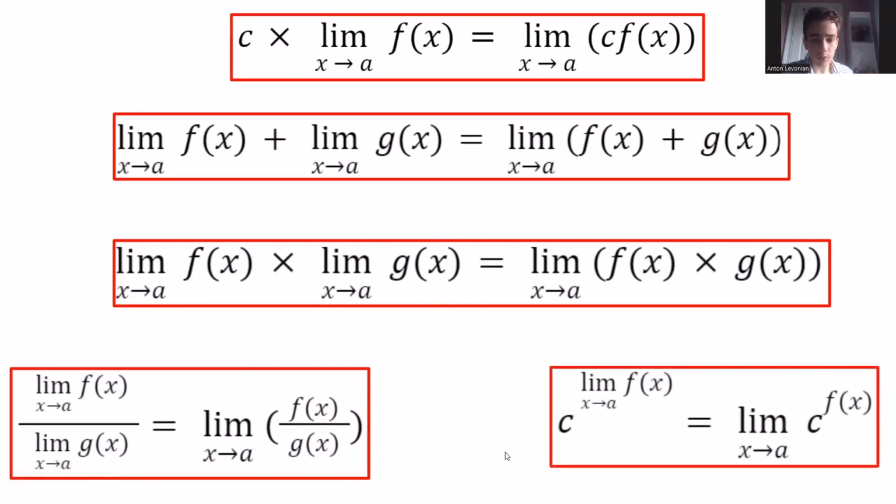And then one more property that's maybe a bit less intuitive, but still I hope it generally makes sense. If you have some sort of constant c, and you raise that constant c to the power of the limit, again, doesn't have to be an integer, just some sort of power, then this is equal to the limit as x approaches a of the constant raised to the power of the function. All right.